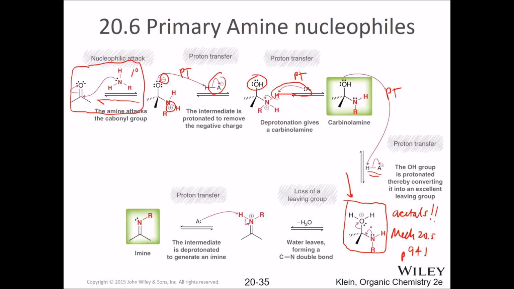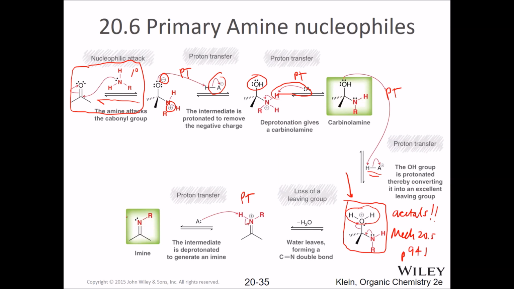So, now that is water leaving. That's what we have going on. Water leaving. Now that we have that, you see that we have another proton transfer. So 4 of them are proton transfers. So really the whole point of proton transfer is just making something stable so it can leave.